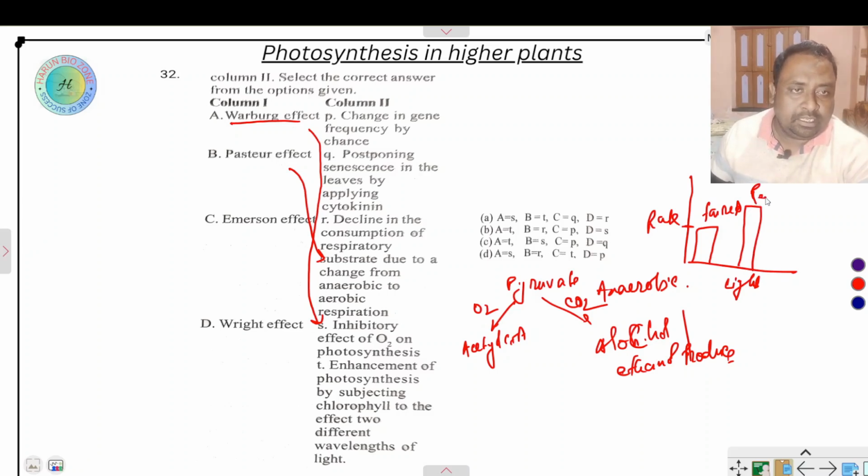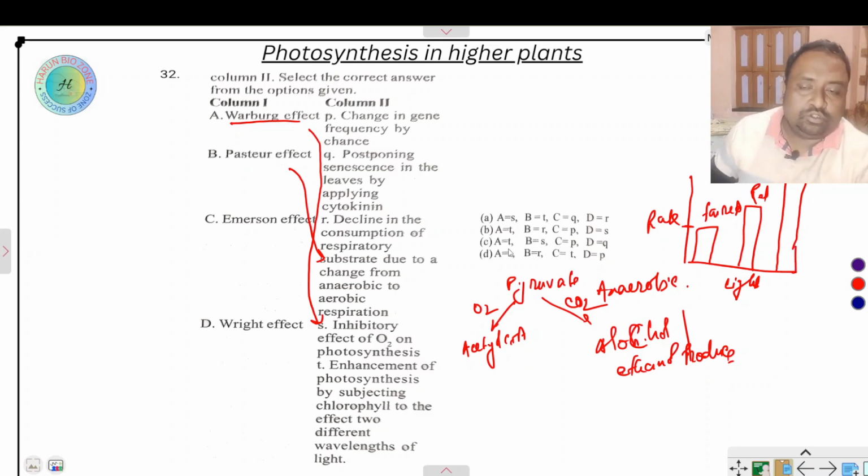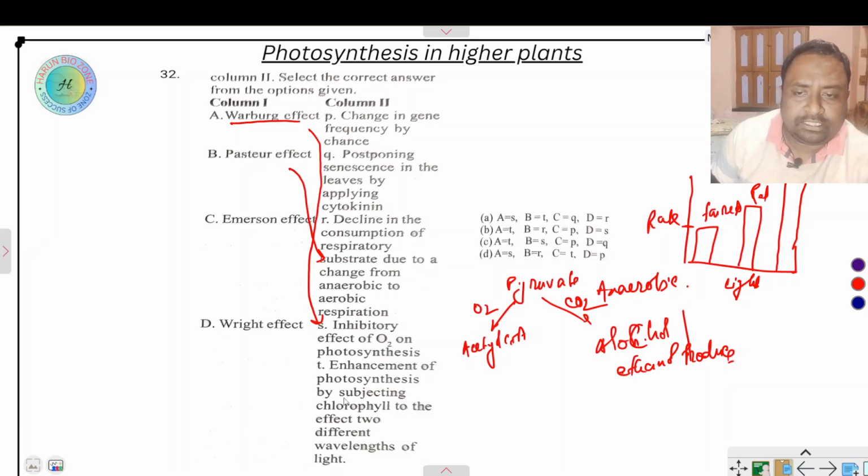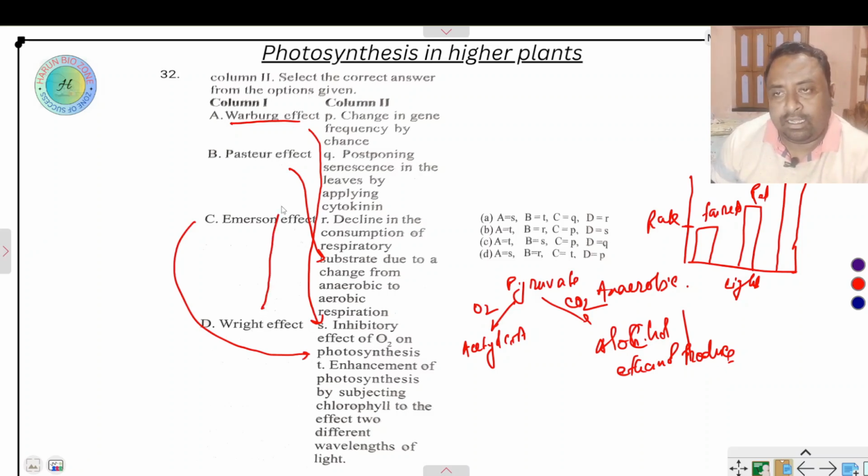When we use red light and far red light simultaneously, then the rate of photosynthesis is much higher. So this is the enhancement of photosynthesis by subjecting chlorophyll to different wavelengths of light, so T is the correct option. Sewall Wright says the gene frequency changes, that is called genetic drift.